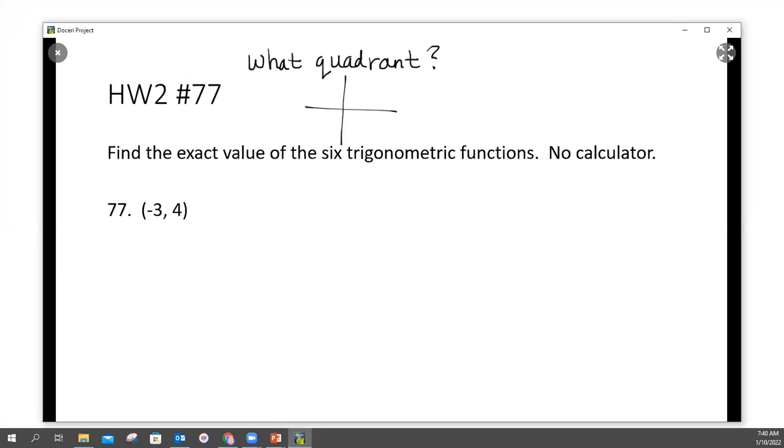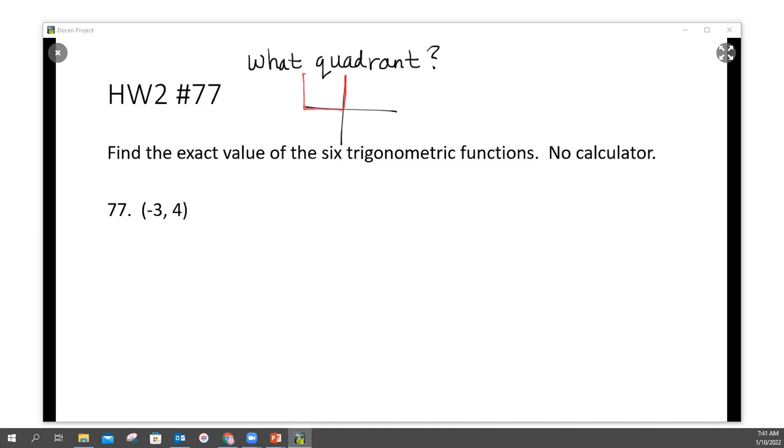Which quadrant has an X that is negative and a Y that is positive? It is quadrant 2. Thank you. So I already know that this is where I am.